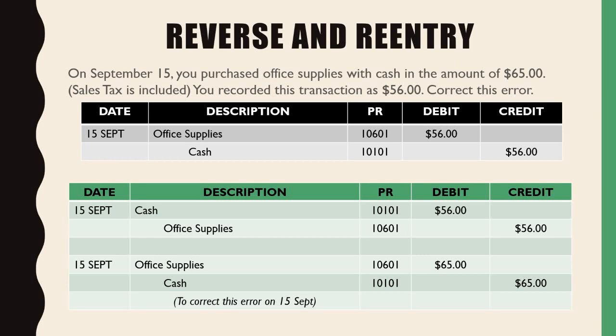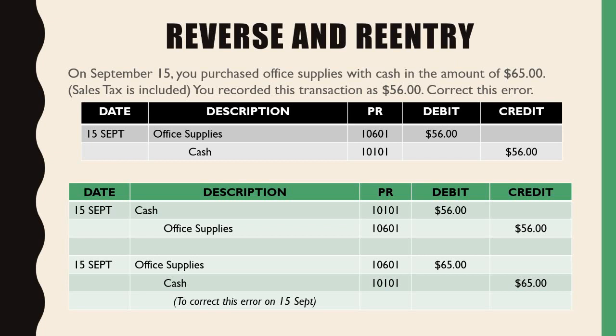This is a more common way so you don't make any more mistakes after that. The best way is to zero it out and then re-enter it for the correct amount. That way, you're a little more on the safer side.